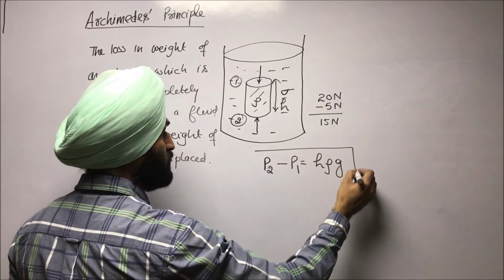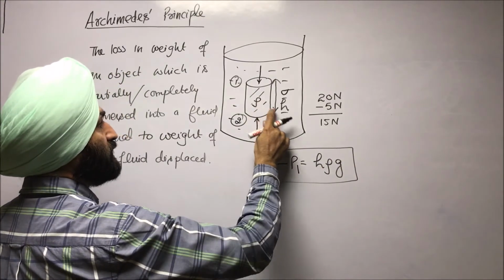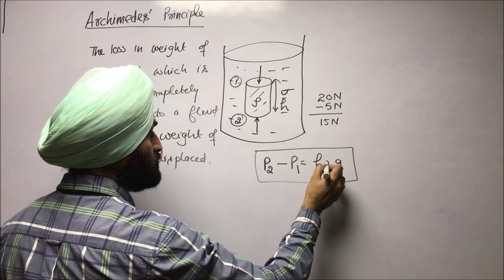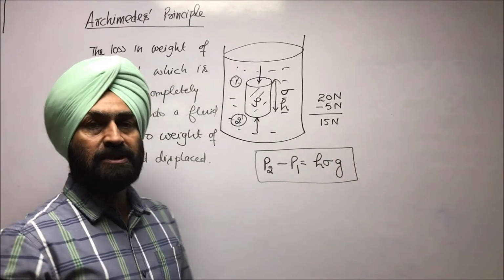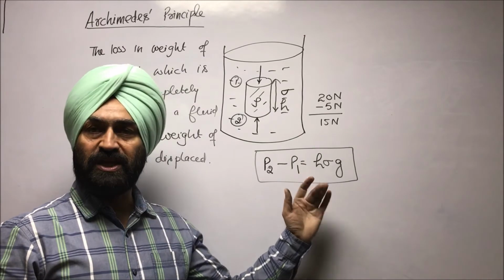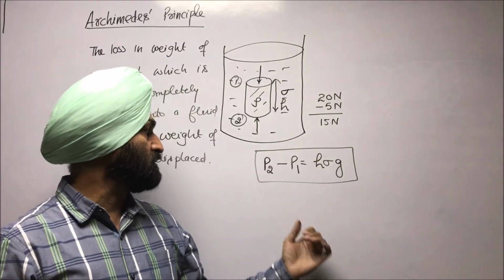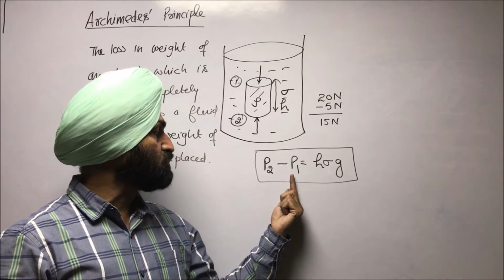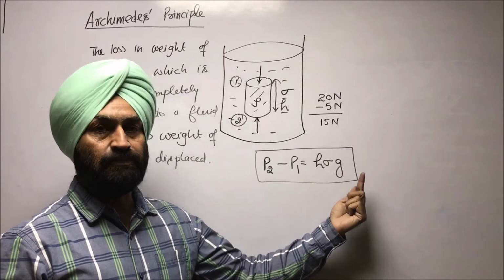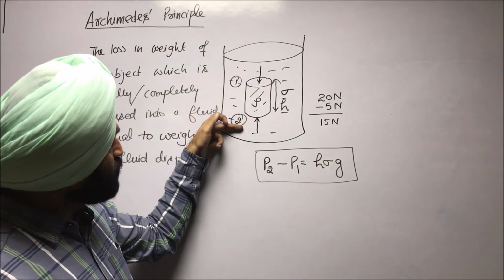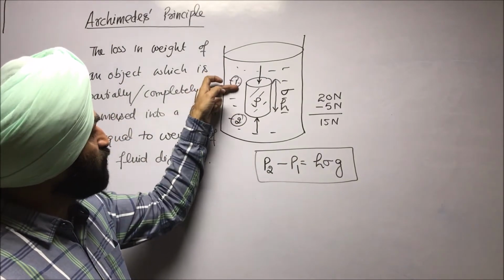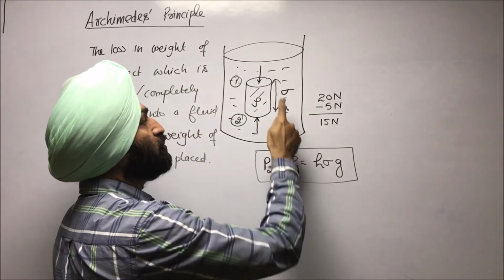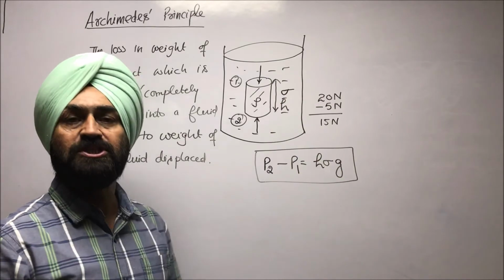So we are going to use this relation. Here the density of the fluid is sigma, so I replace rho by sigma. The outcome of the derivation of variation of pressure with depth is P2 minus P1 equal to h rho g. Pressure at point 2 is greater than pressure at point 1 by h rho g, but now the density of the fluid is replaced by sigma.